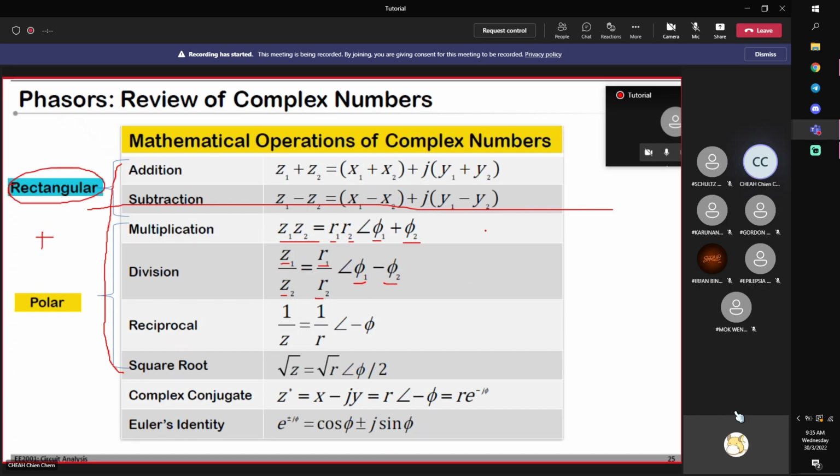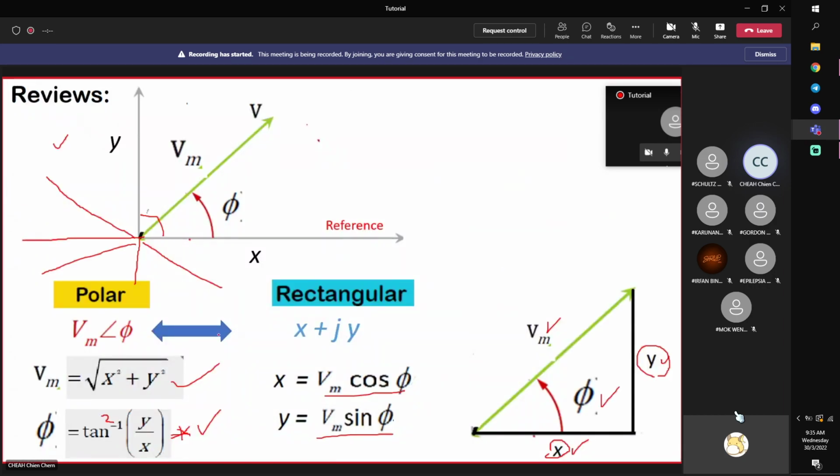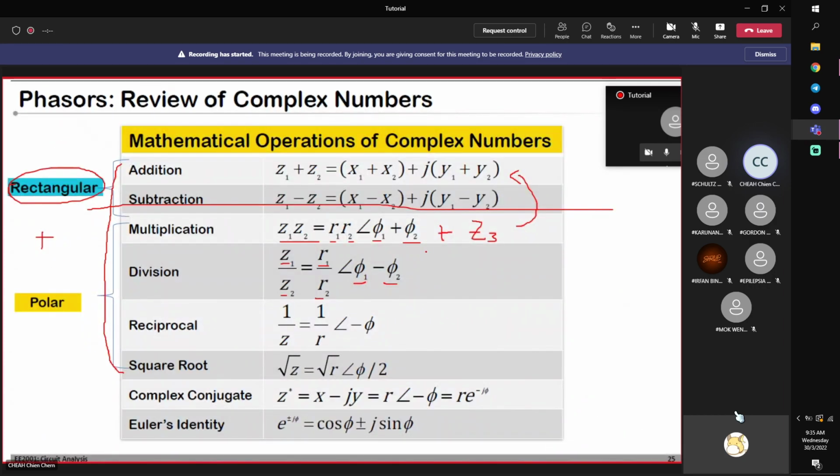But as I showed you last week, sometimes after multiplying, suppose that you still need to add with another complex number, then you need to go back to rectangular form. Because after you do this, you still need to convert from polar back to rectangular in order to add them up.